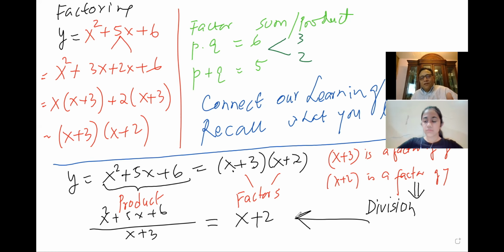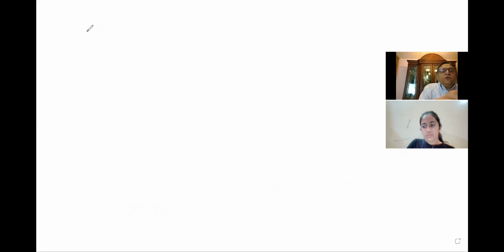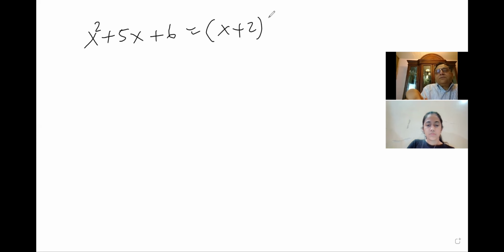Let me give you this example once again: x squared plus 5x plus 6 is equal to x plus 2 times x plus 3, correct? I could write this as a division statement.